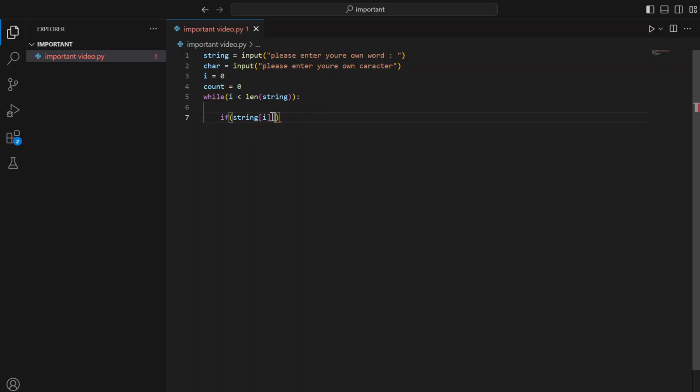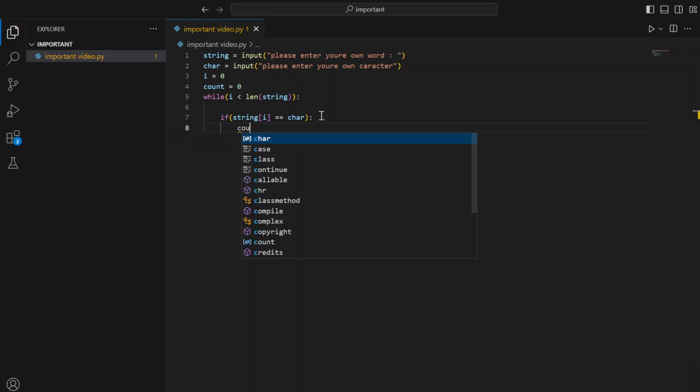If string i equals char, then enter, and then count equals count plus 1.